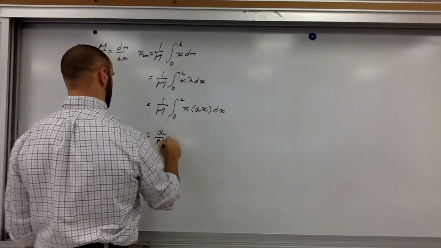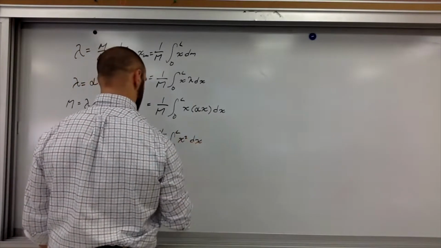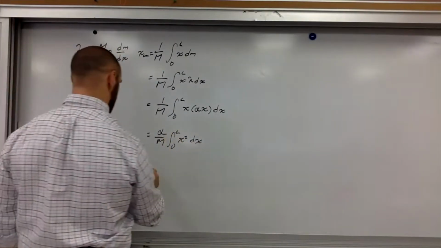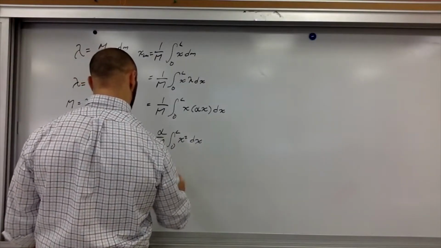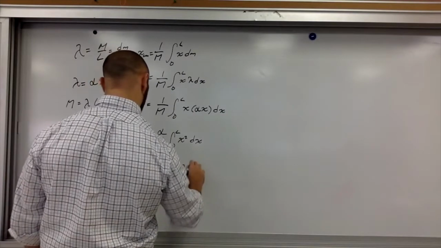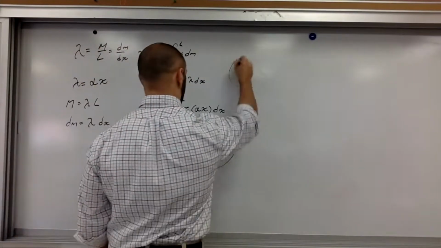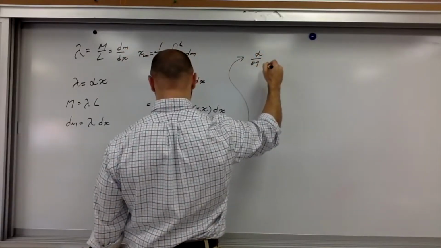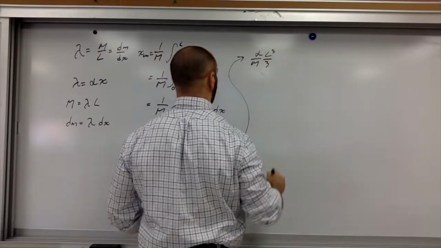Alpha over m, from 0 to L of x squared dx. Notice before we had an x in here, so you might notice a little pattern. This is going to be alpha over m, 1/3 x cubed from 0 to L. And then I get alpha over m times L cubed over 3.